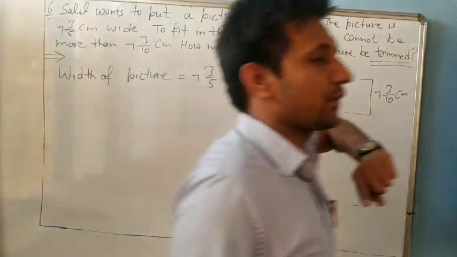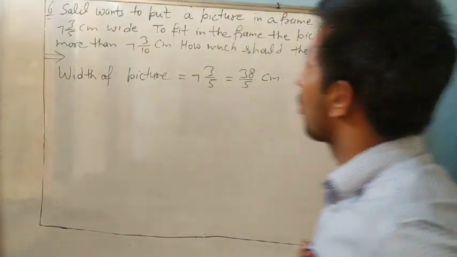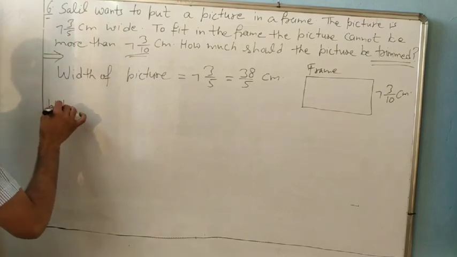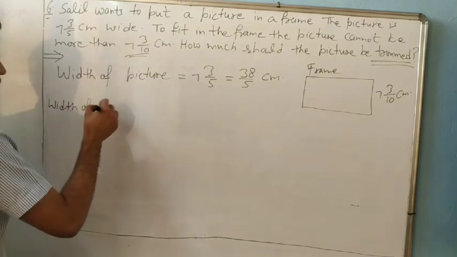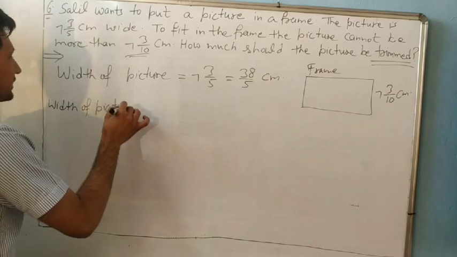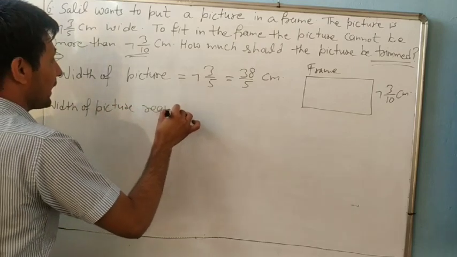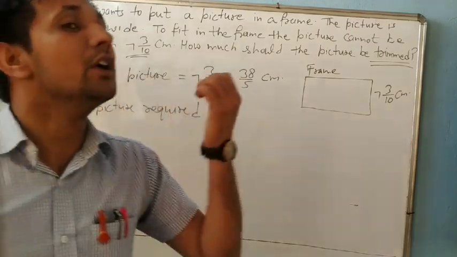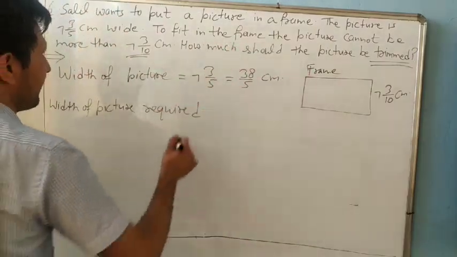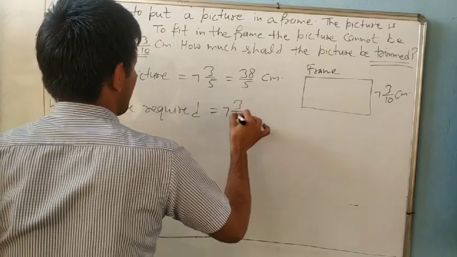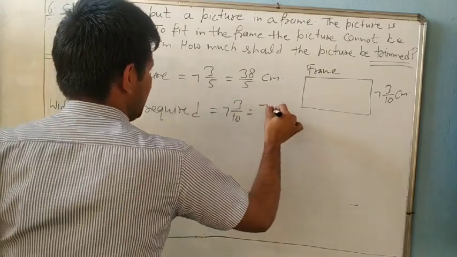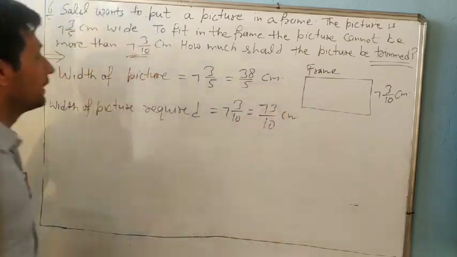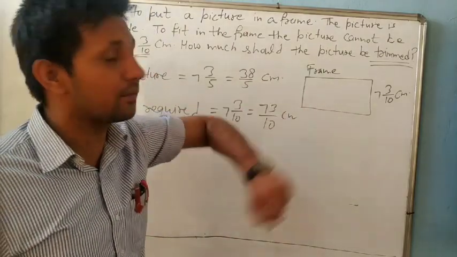To fit in the frame, the picture cannot be more than... it means the width of picture required. Otherwise you can write, in place of width of picture required, total width of frame. How much? 7 and 3 upon 10 centimeter.